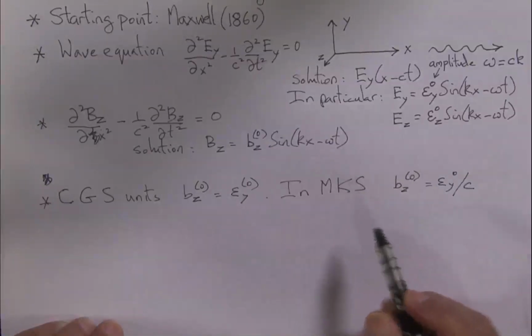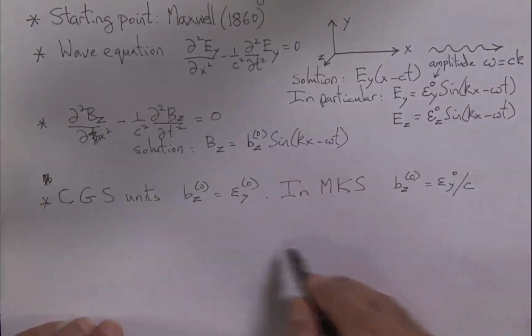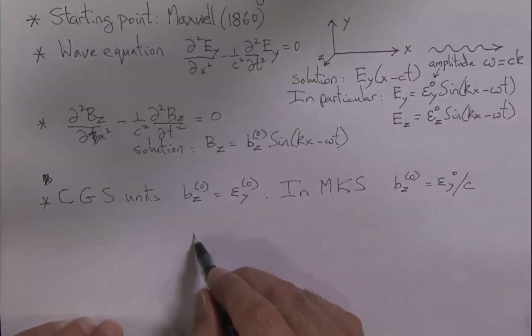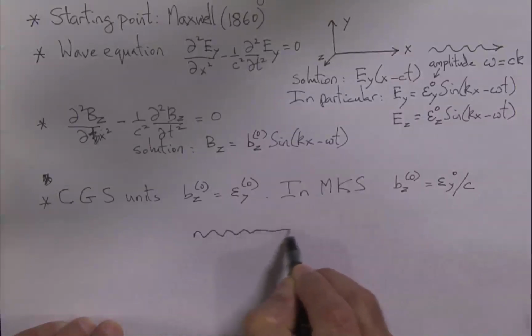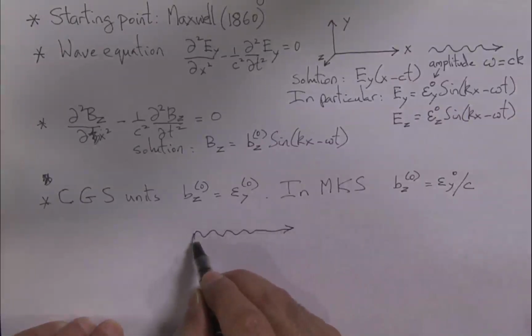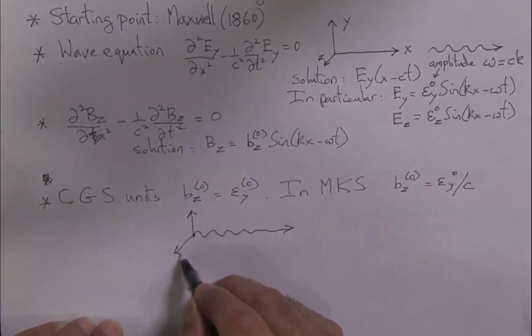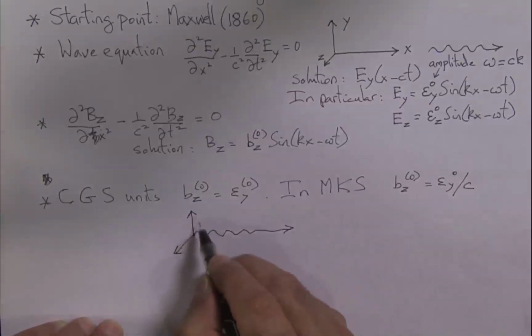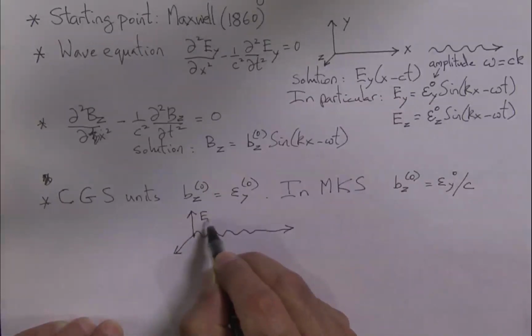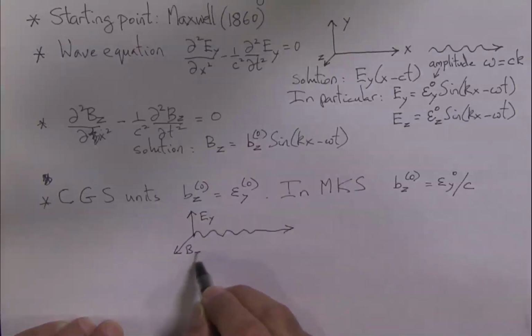Now, this can be a little confusing, but let me draw it again over here. So if the electric field is like this, the magnetic field is perpendicular to it and is like this. So this is Ey, this is Bz.